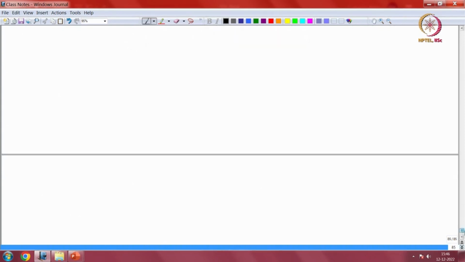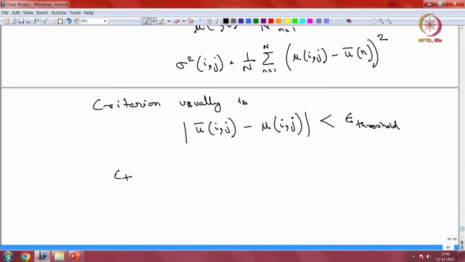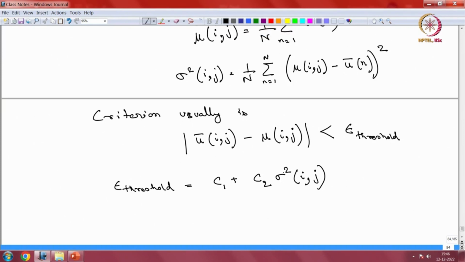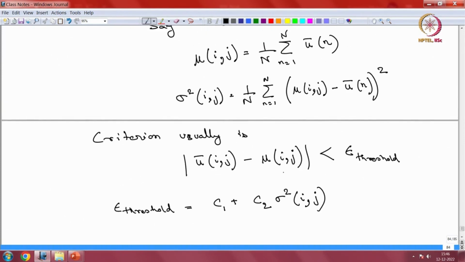And you can define a dynamic epsilon threshold, which is where the operator gets its name from, as some C1 plus some C2 sigma square. So my epsilon threshold is not just a passive value, but has a strong dynamic component to it. So once you implement this kind of error methods to catch spurious vectors, you can remove spurious vectors from your system, and you will be able to get a corrected velocity field.